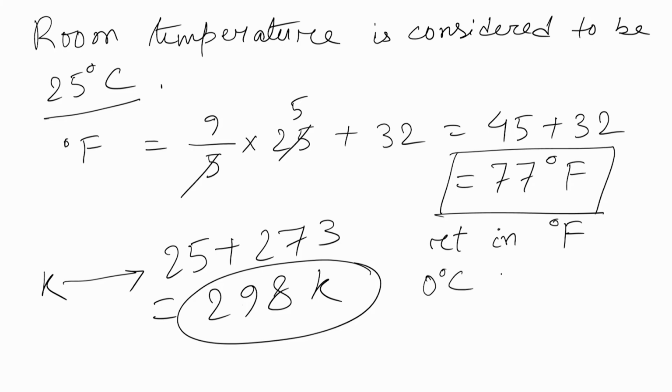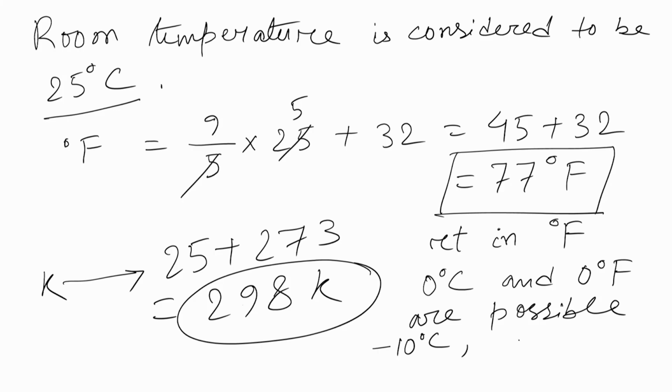Even sub-zero temperatures are possible in Celsius and Fahrenheit scale. We talk about sub-zero temperatures in Celsius, for example, minus 10 degrees Celsius, minus 30 degree Fahrenheit. These are possible. But Kelvin scale cannot exist below 0.